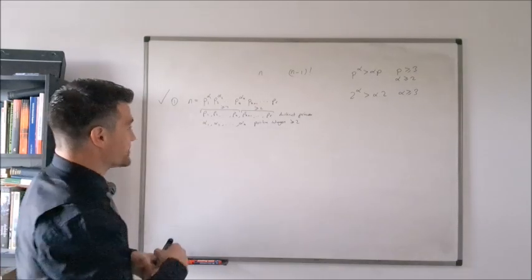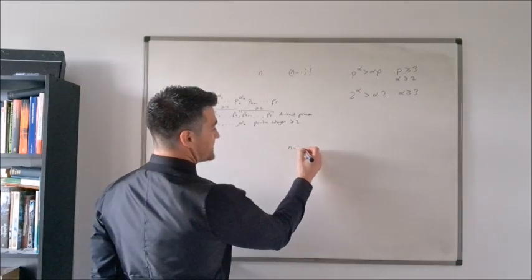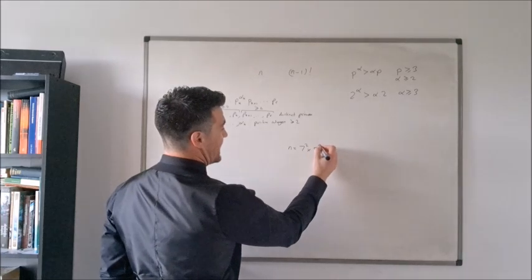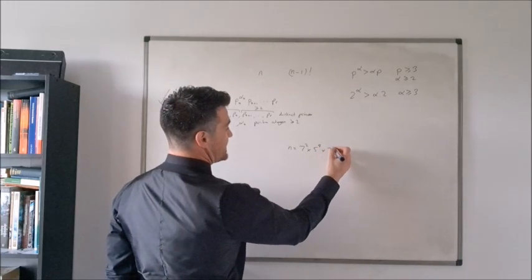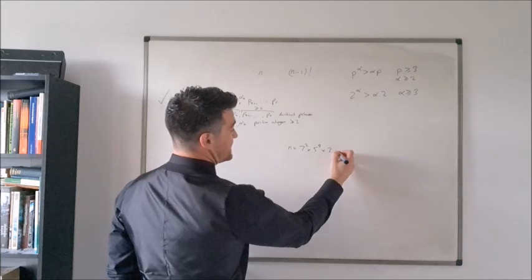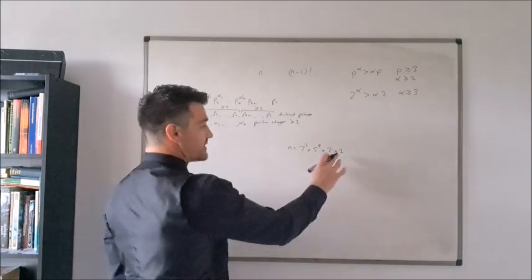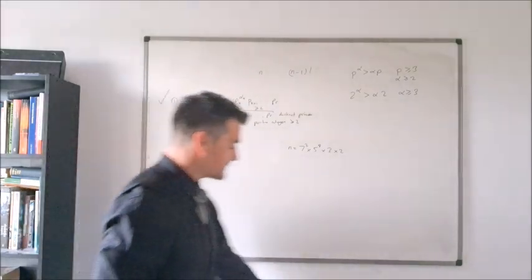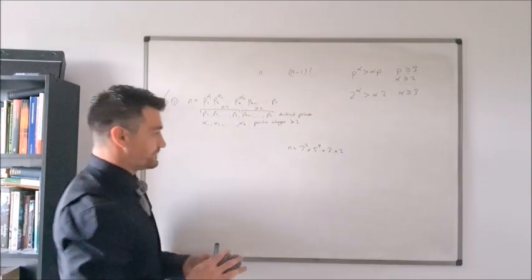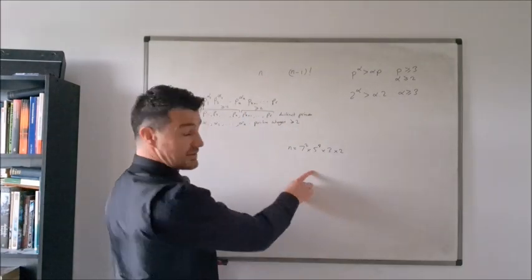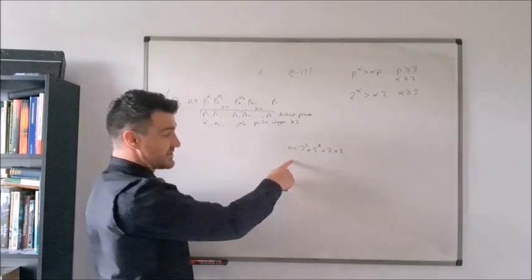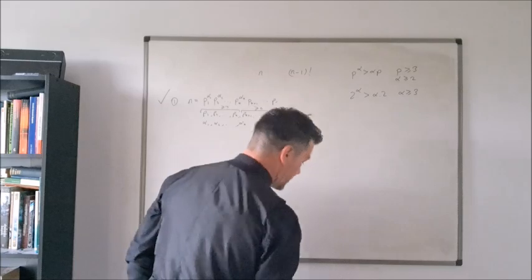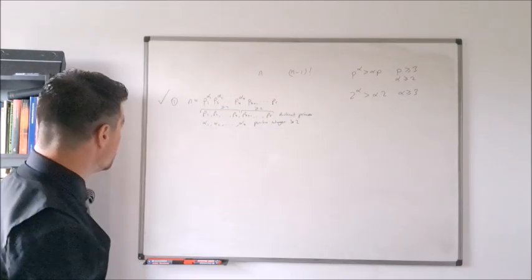Something like if n equals 7 squared times 5 to the power of 8 times 3 times 2, for example, this will divide n minus 1 factorial, based on what I've shown here. God knows what n minus 1 factorial of this is going to be. It's going to be an absolutely enormous number, but it's beside the point anyway.